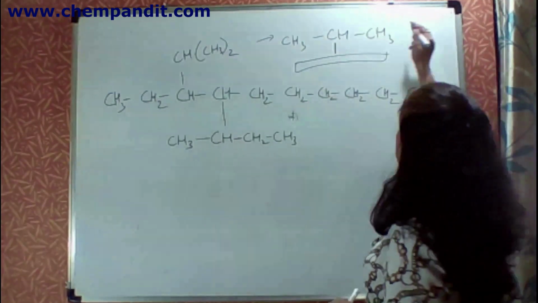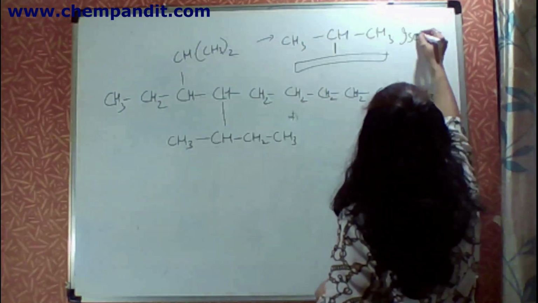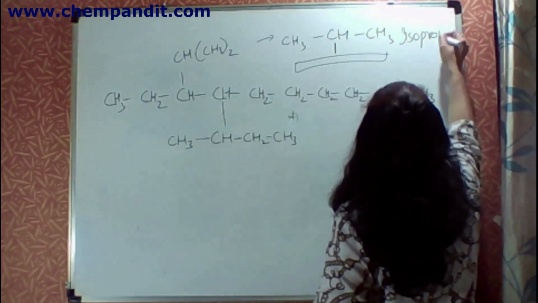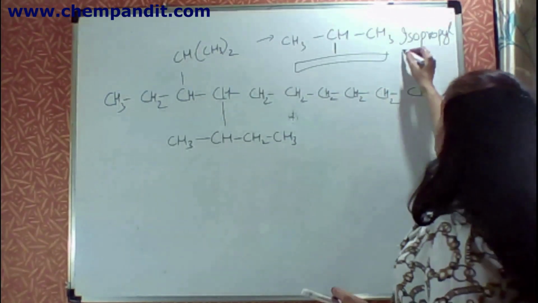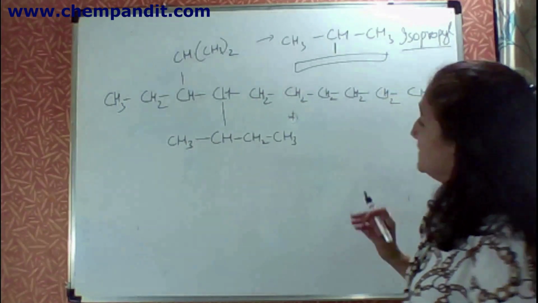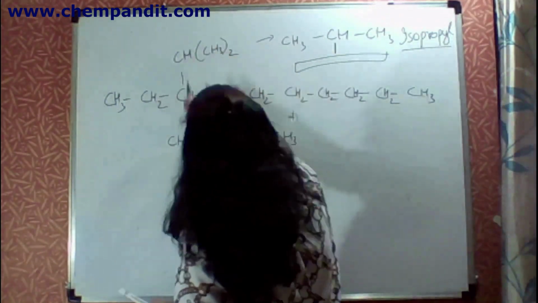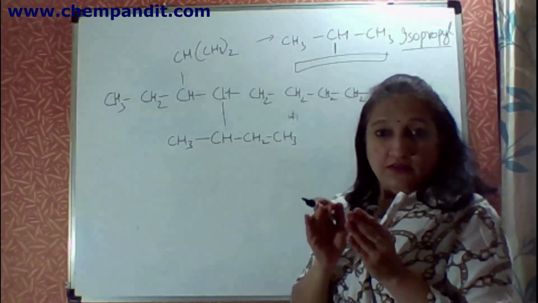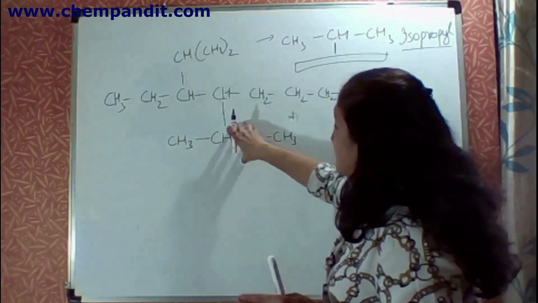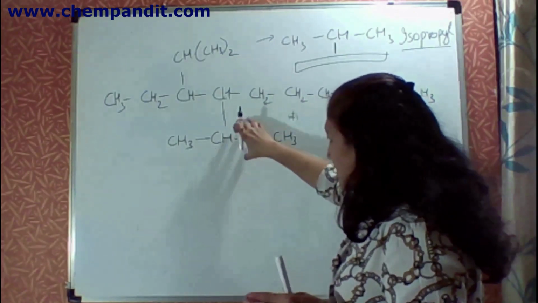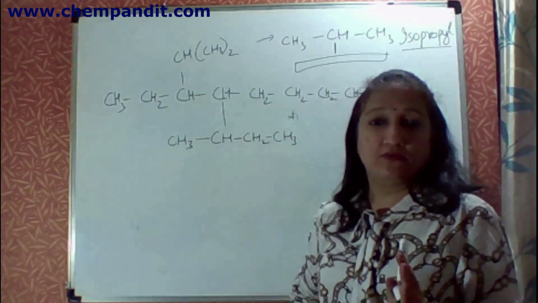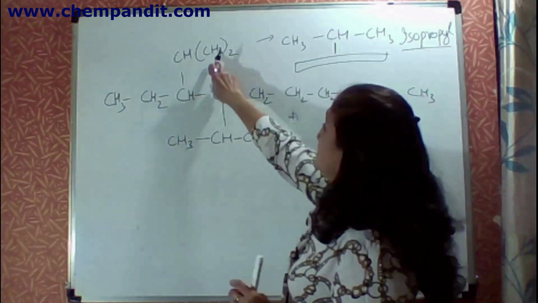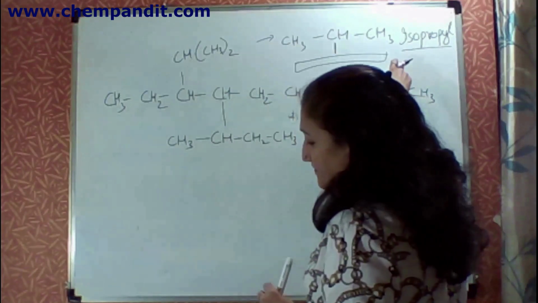So this is basically which group? This is isopropyl group. So we actually need to name these substituents individually along with the name of the whole compound. Clear? So this substituent is isopropyl, right?